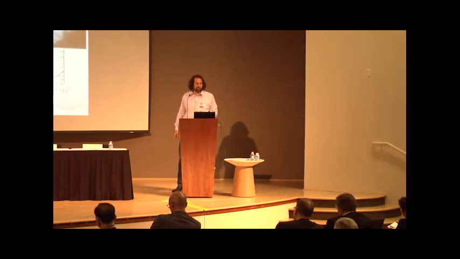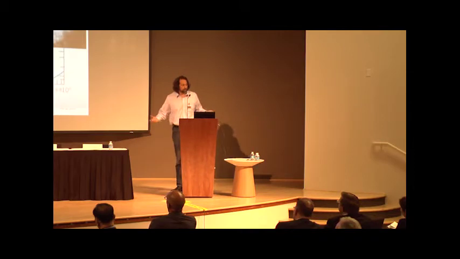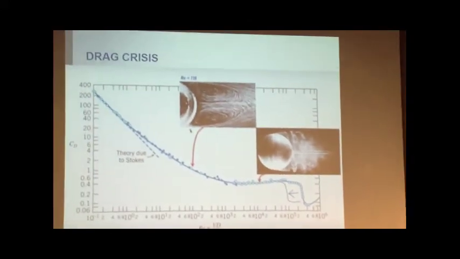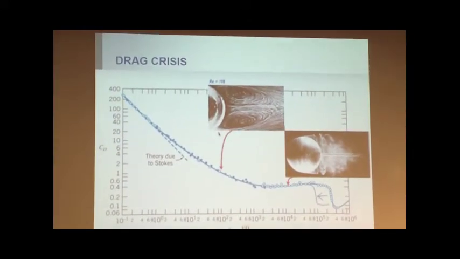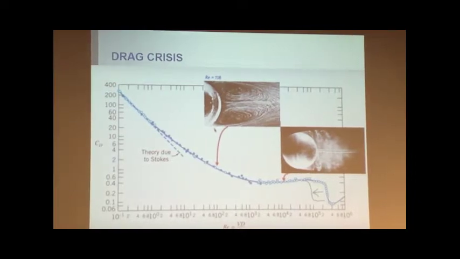And I think it's best illustrated in a classic fluid phenomenon called the drag crisis. People might have seen this before. But the idea is that the drag on a body, in this case a sphere in a liquid, is proportional to the velocity of the liquid that's impinging on it in this regime, and it's proportional to the square of it in this regime.